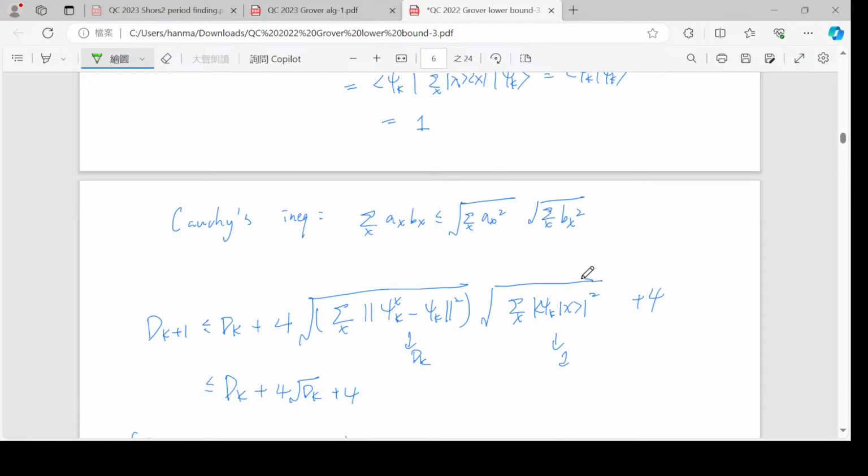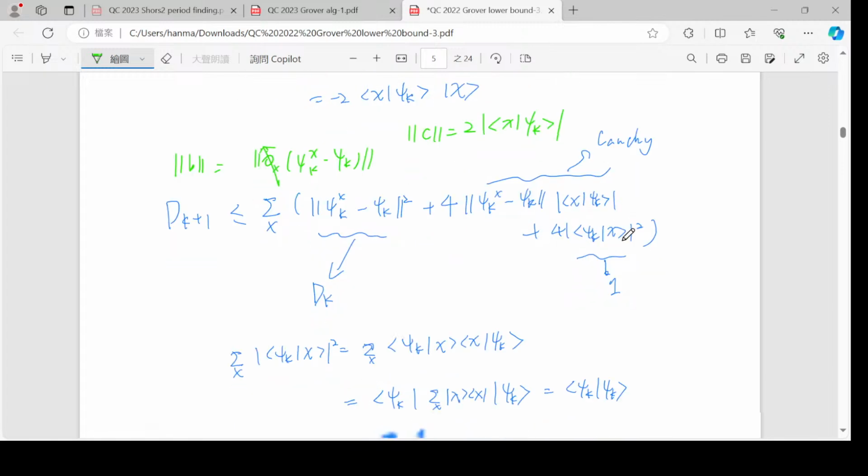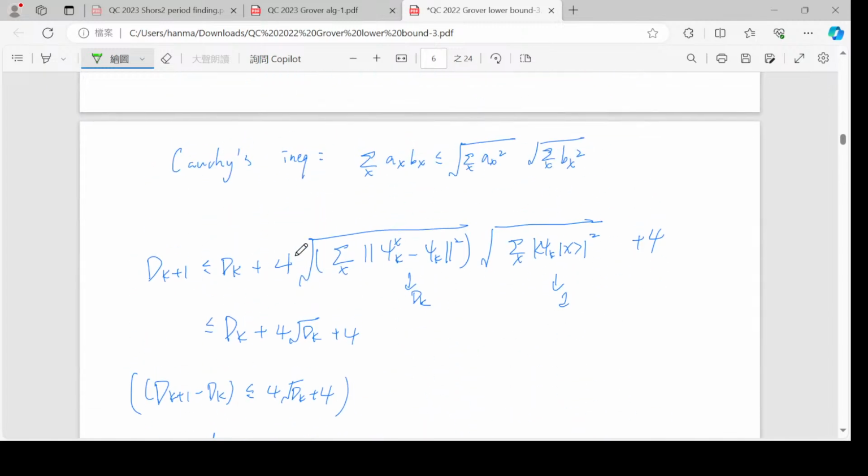So the sum over x of a_x b_x is less than the square root of sum x a_x squared times the square root of sum x b_x squared. So a_x is this norm b, and b_x is this norm c.